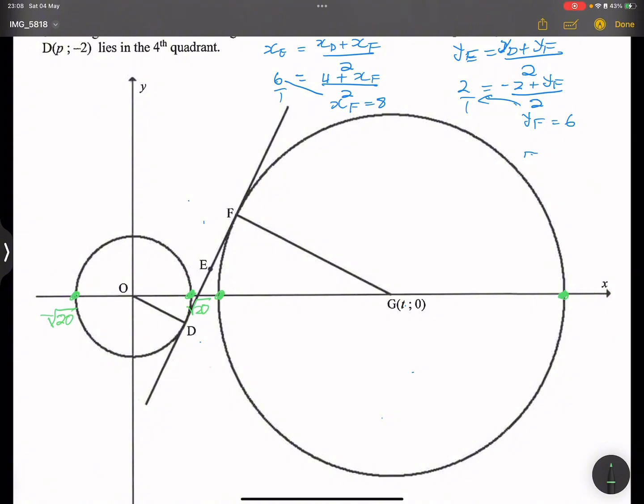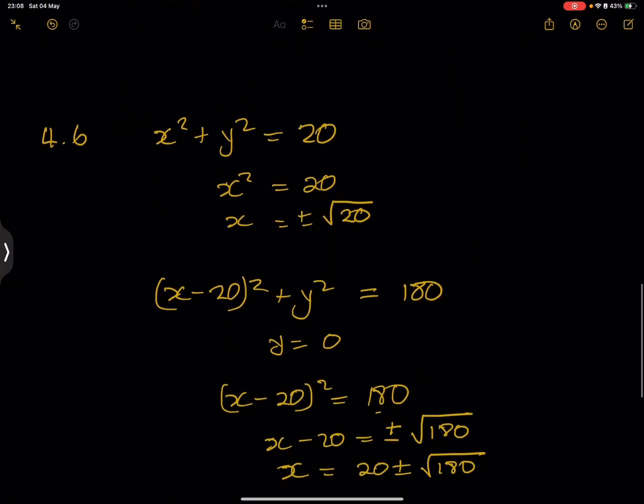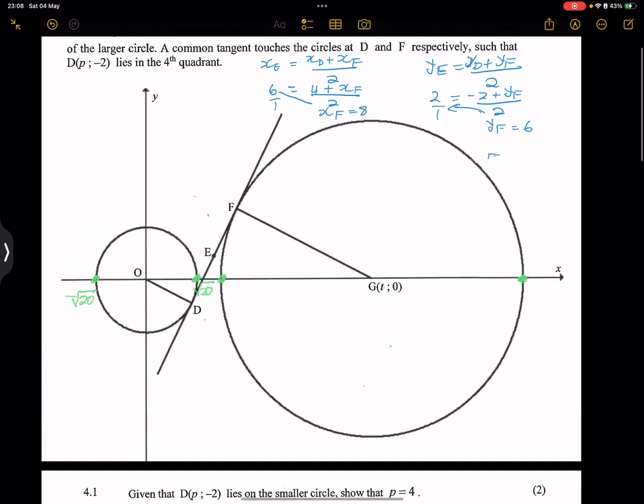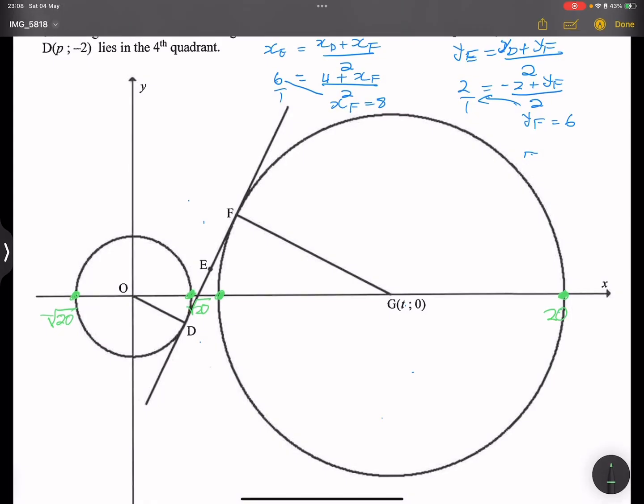So I think the bigger value would be 20 plus root 180, and this would be 20 minus the square root of 180.